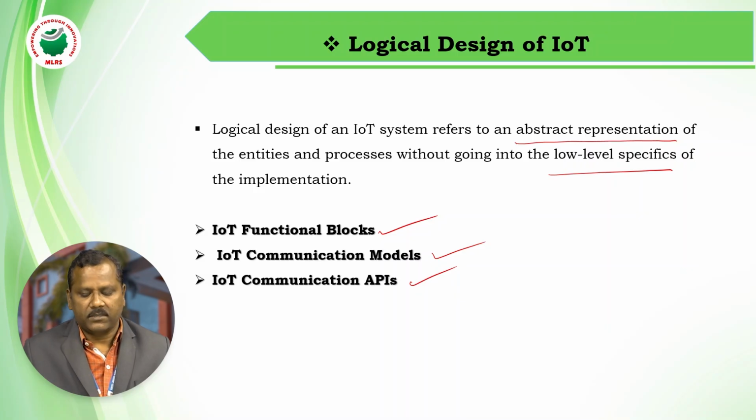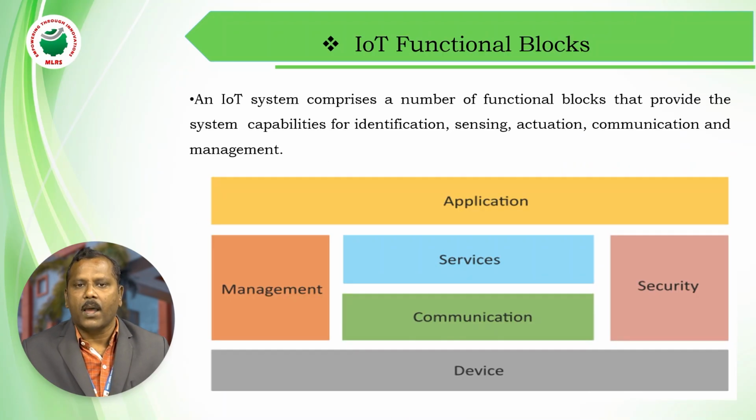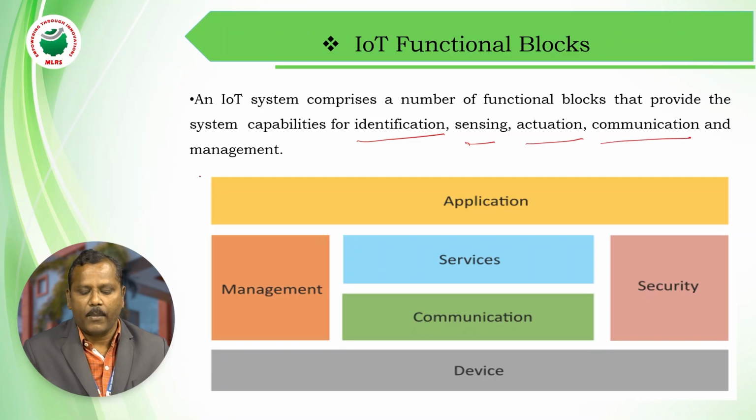The first one is IoT functional blocks. An IoT system comprises a number of functional blocks, and each block provides a specific functionality, for example, identification, sensing, actuation, communication, and management.